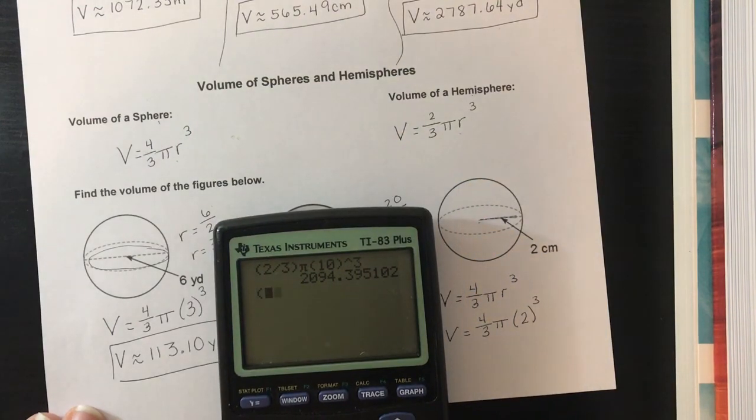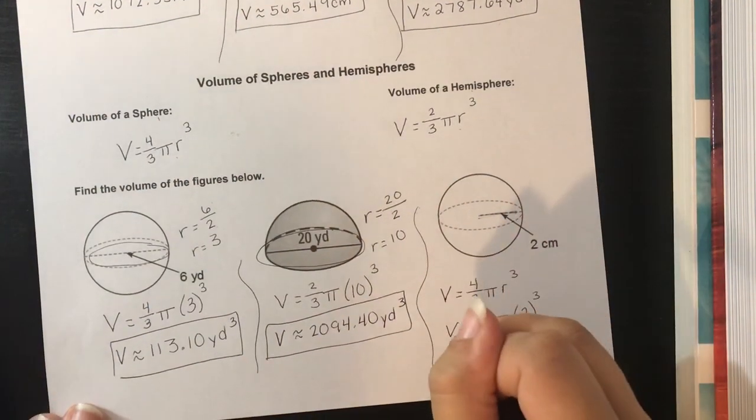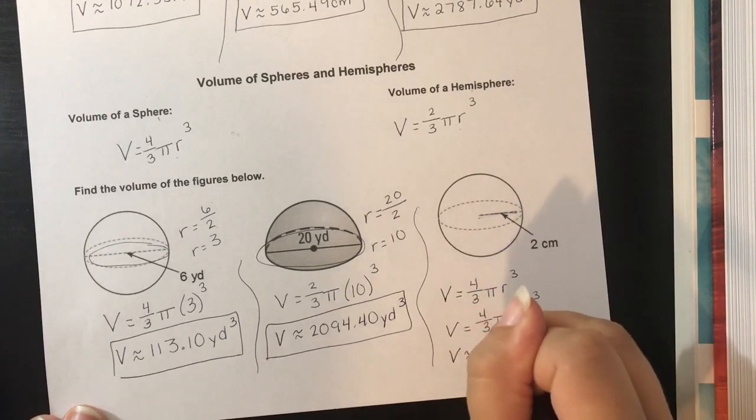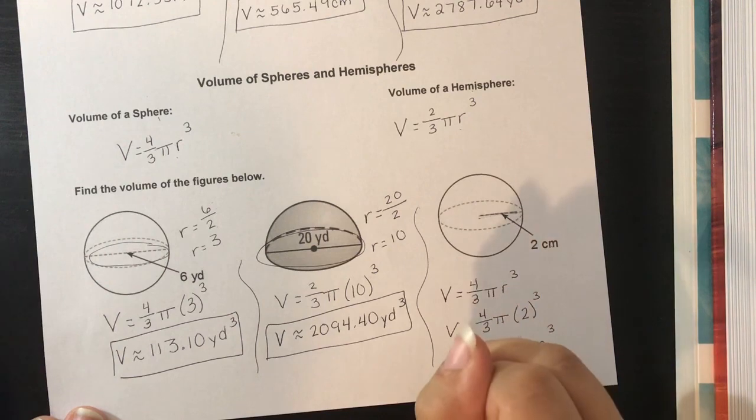So if we type that in, I'd have 4/3 pi times 2 to the 3rd power. And I'm getting about 33.51. So volume is about 33.51 centimeters cubed.